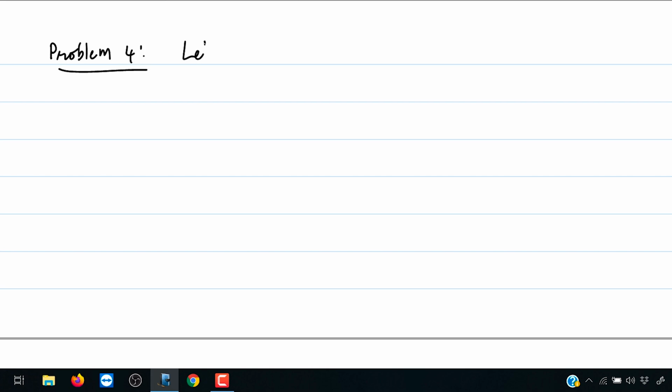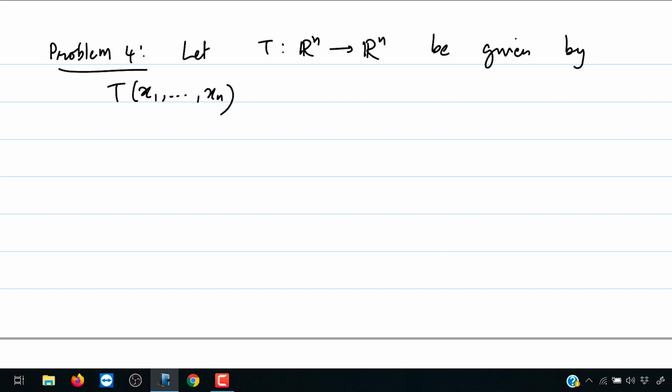So let T from Rn to Rn be given by T of x1, x2 up to xn equal to, by definition, x1 plus x2 plus up to xn, comma x1 plus x2 plus up to xn, and so on, with the last coordinate also x1 plus x2 plus up to xn.